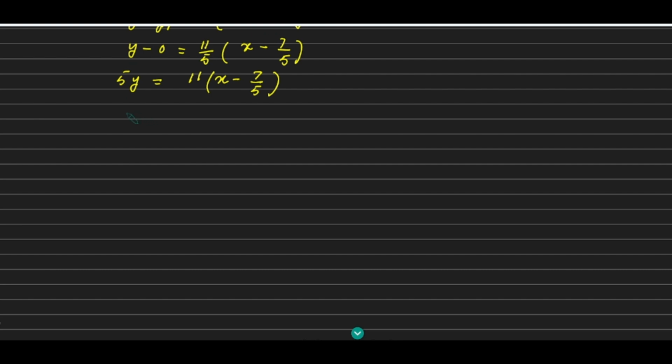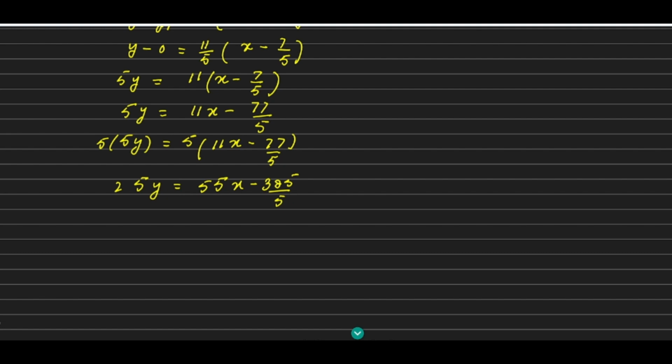So when we multiply the equation by 5 on both sides, we get 5y equals 11x minus 77 by 5.